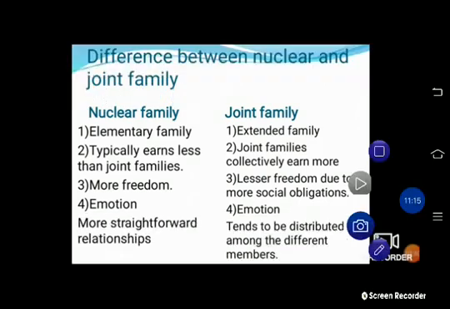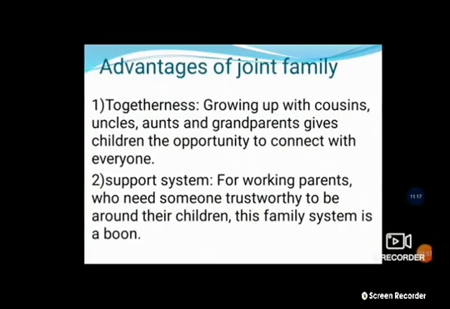So next point, advantages of joint family. What are the advantages of a joint family? First one, togetherness. Growing up with cousins, uncles, aunts, and grandparents gives children the opportunity to connect with everyone. That is the first point. And second one, support system.